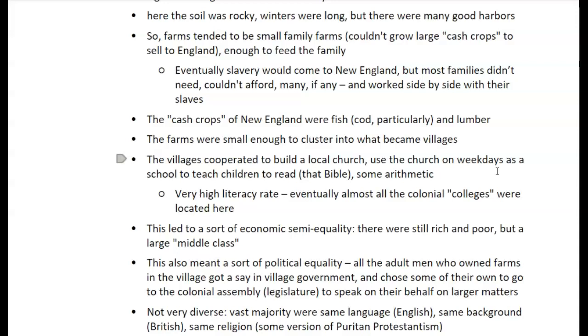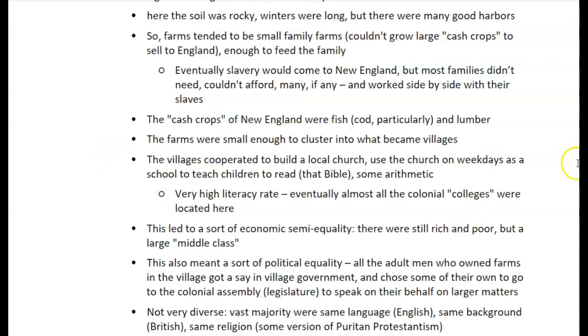That economic equality led to a sort of political equality. All the adult men who owned farms in the village expected a say in the village government, and chose some of their own friends and fellow farmers to go to the Colonial Assembly, for all of Massachusetts, for instance, to speak on their behalf on larger matters. So they kind of got used to this democratic system.